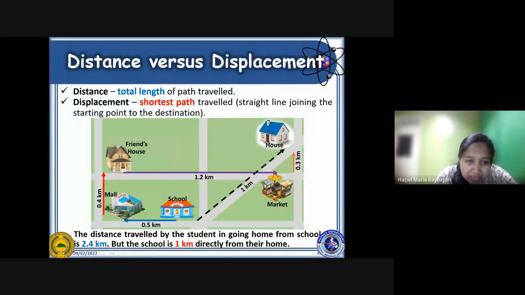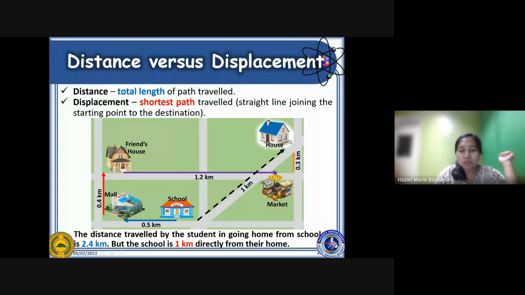And then after that, he or she walked 0.4 kilometers to a friend's house. Maybe he or she dropped by there for group study. And then he or she walks another 1.2 kilometers to the market for dinner. And then after going to the market, 0.3 kilometers towards his or her home.